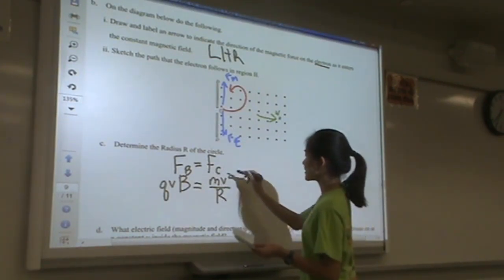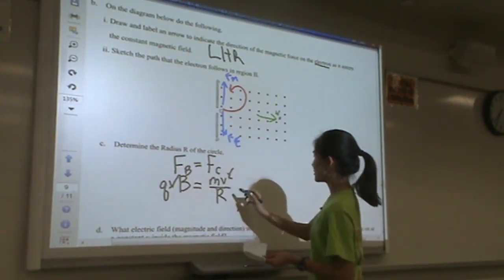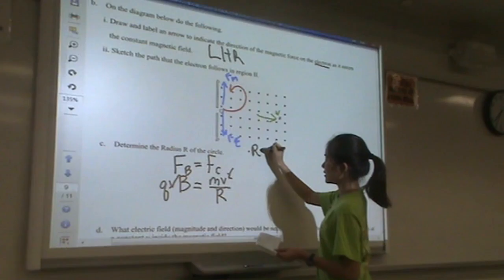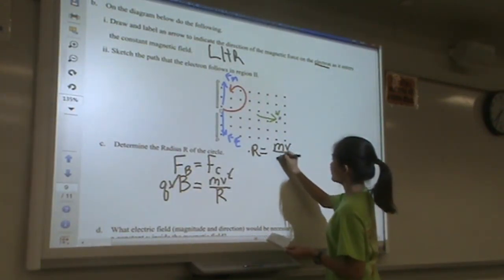So we can cancel the v's on both sides, and then we solve for r, so we get that r equals mv over qB.